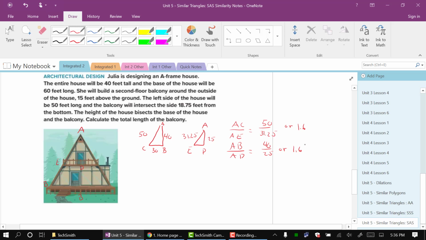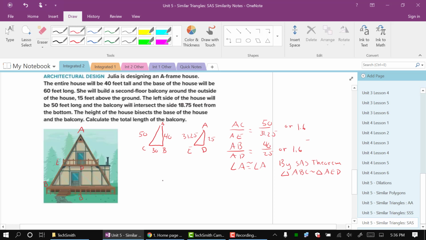And like we had before, angle A is congruent to angle A. So by the side angle side theorem, triangle ABC is similar to triangle AED.